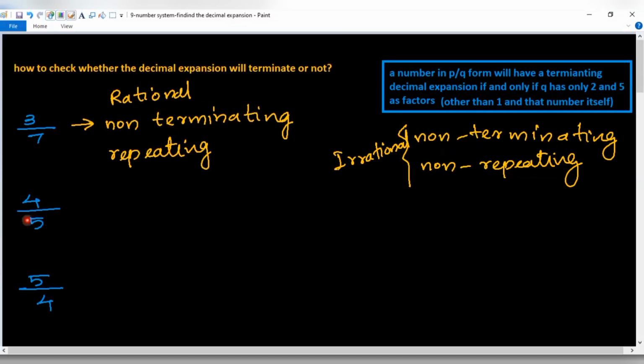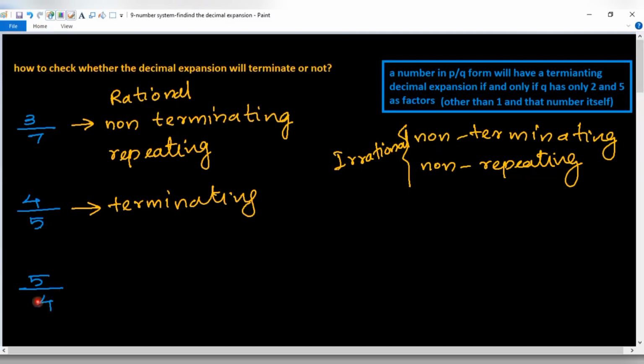See here, the denominator is 5. So 2 or 5 comes as the factor. Here 5 is the factor, no other factors for this number. So we can say it will have a terminating decimal expansion. Now 5 by 4, here the denominator is 4.